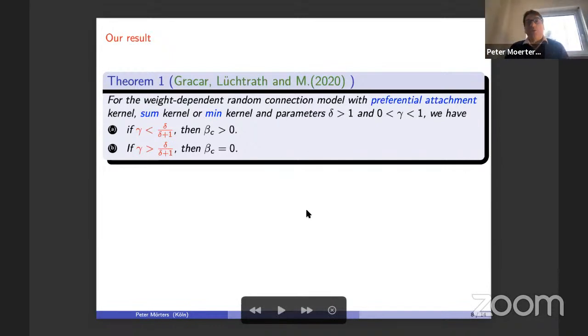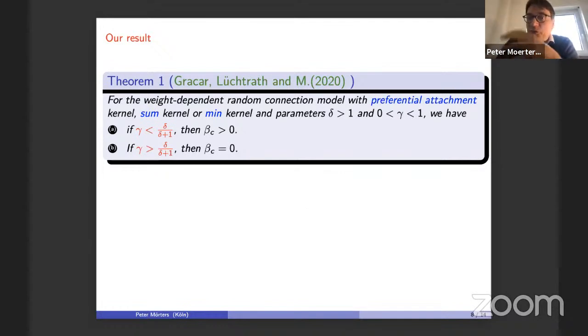So this includes these Boolean type models, soft Boolean models, or the preferential attachment kind of models. And in all these cases, there is a regime where there is a subcritical phase and a regime where there is no subcritical phase. So if gamma is less than delta over delta plus 1, then there is a subcritical phase. And if gamma is bigger than delta over delta plus 1, there is no subcritical phase.